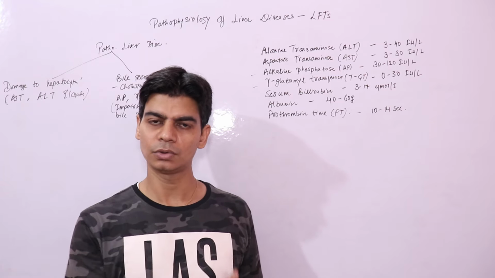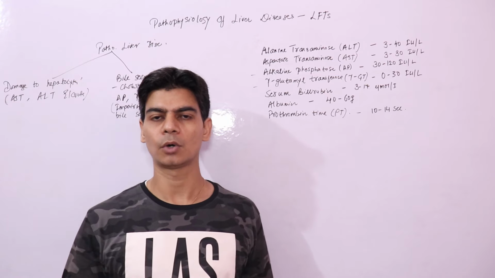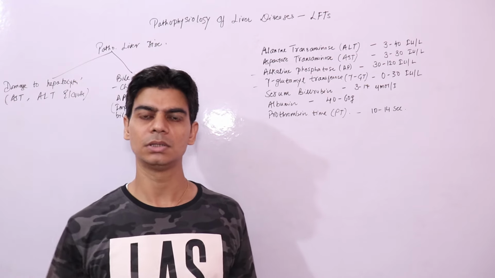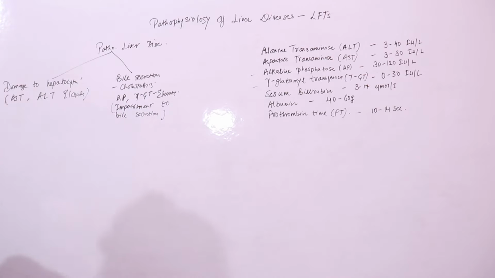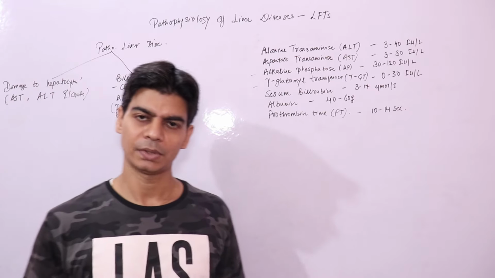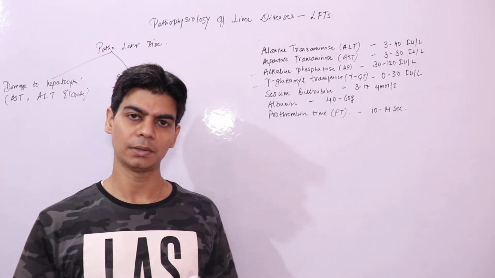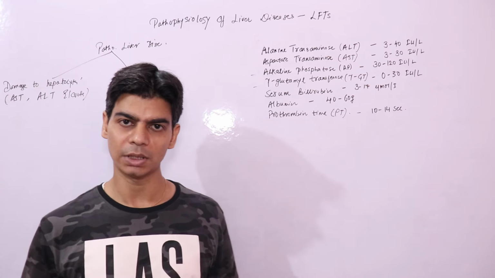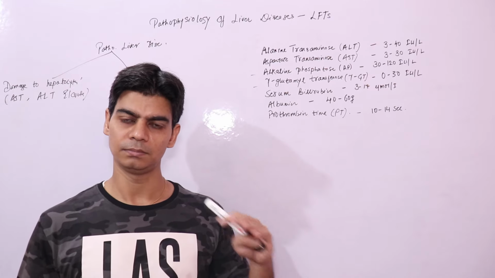And we have gone through in the previous lecture how bilirubin goes out of the body in the form of urobilinogen and stercobilin. So if there are any issues with bile secretion, that means your bilirubin will not be removed from the body, and it will show a rise in the blood test.